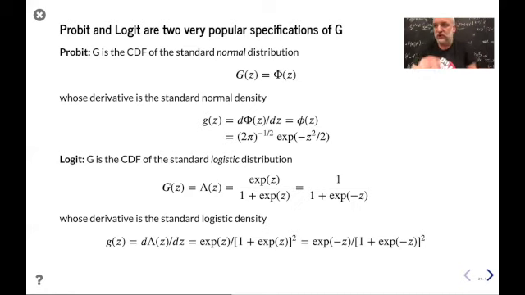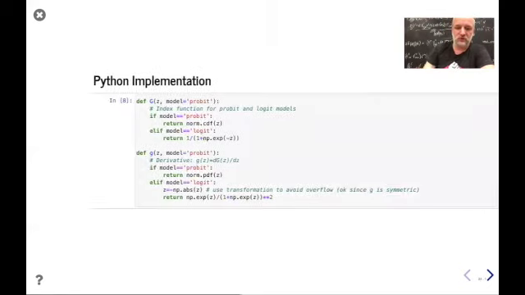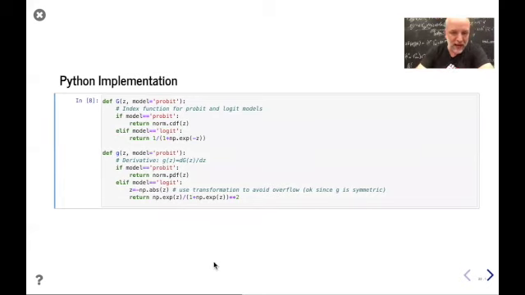That's also what you get for the normal distribution, as long as we're working with something symmetric and centered around 0. This is why I'm making this transformation, taking the absolute value and the negative of that, because then I'm sure I'm not taking exponentials of very high numbers. I would much rather take the exponential of large negative numbers, because the exponential of a large negative number is going to be 0, and it's much more well behaved to have 0 divided by 1 plus 0 squared.